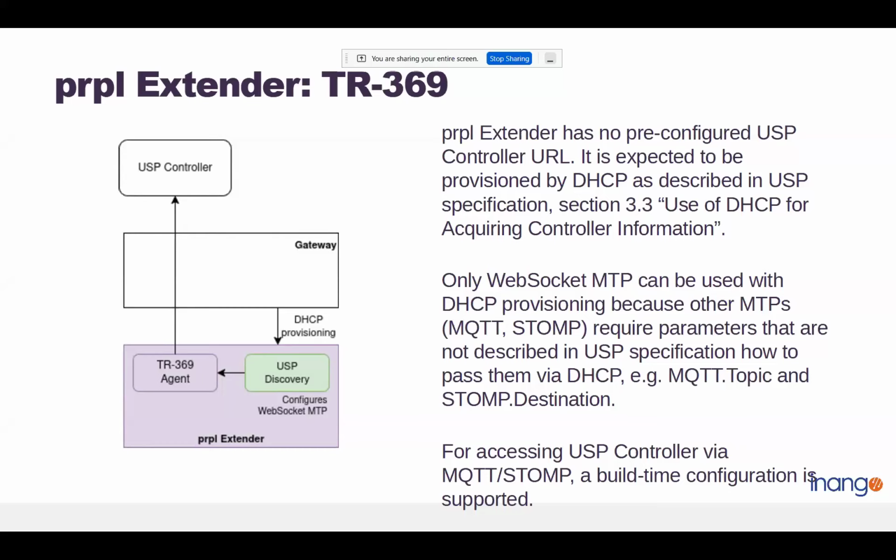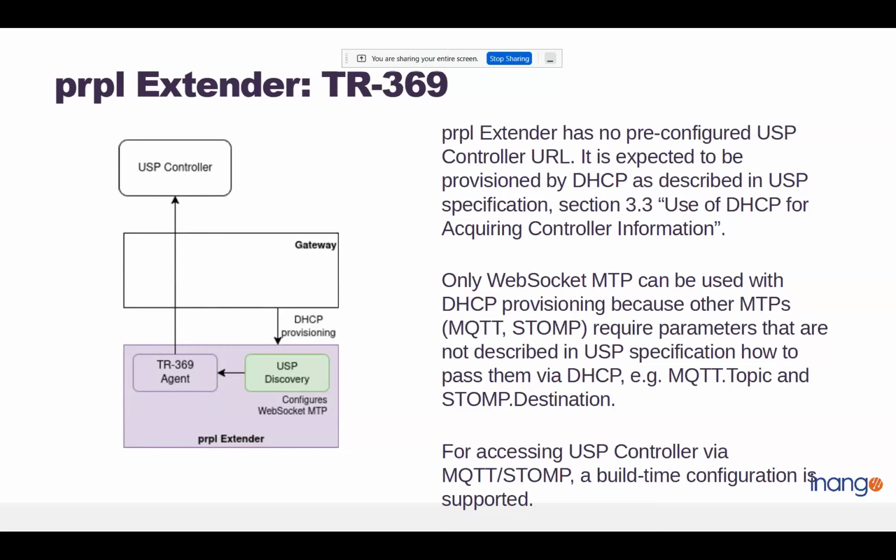Important note here: with this option, only WebSocket MTP can be configured. This is because other MTPs, like MQTT, STOMP, have required parameters that are not described in USP specification, how to provision them via DHCP.